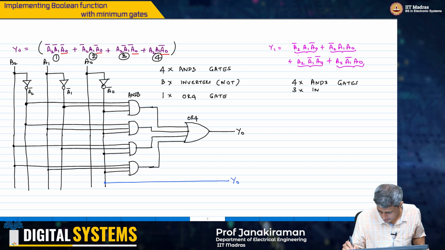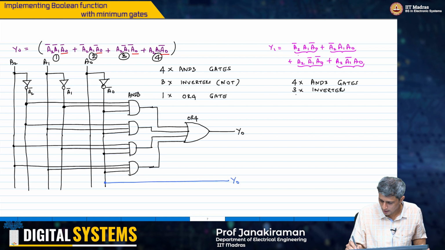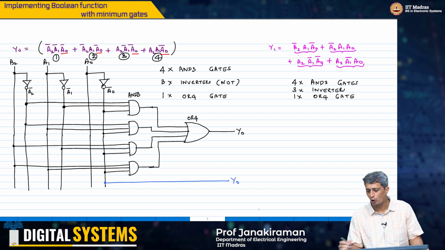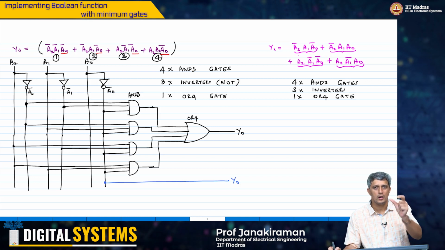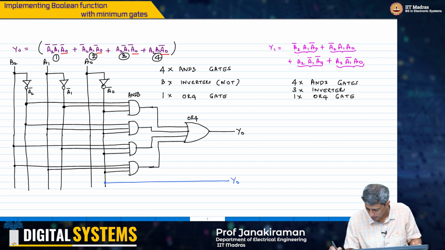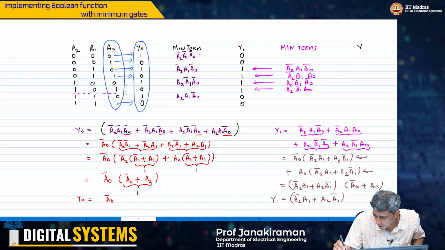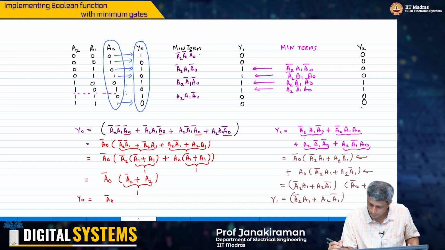3 inverters, and 1 OR 4 gate. Now this OR 4 could have become OR 3 or OR 2 depending on the number of ones. So suppose I have y2 like this, 0 0 0 0 1 1 0 0.